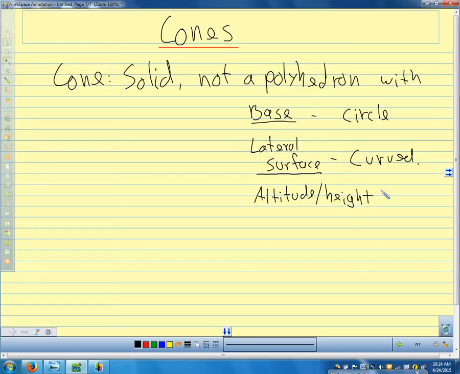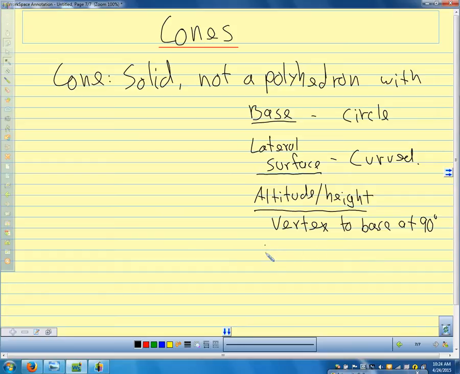And we find that the same way as we do for a pyramid, from the vertex perpendicular to the base. And a vertex, we also have a vertex, it's right at the top.